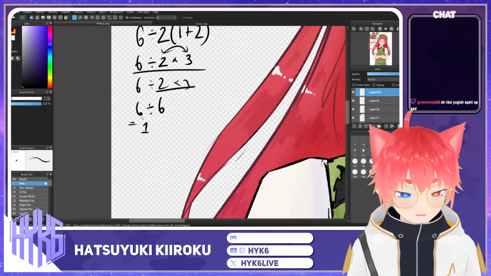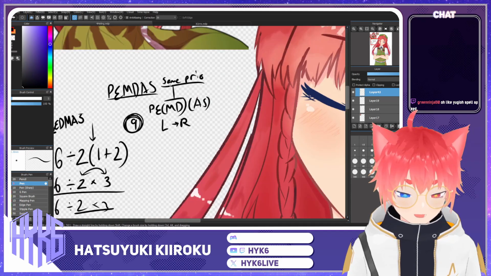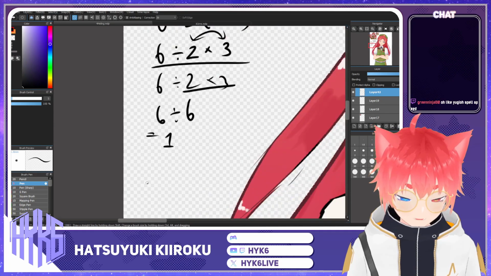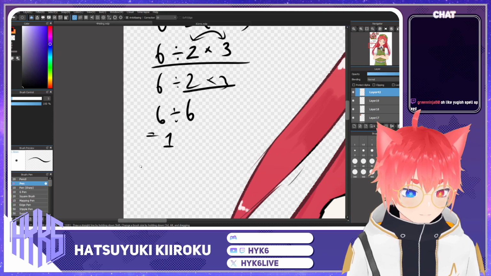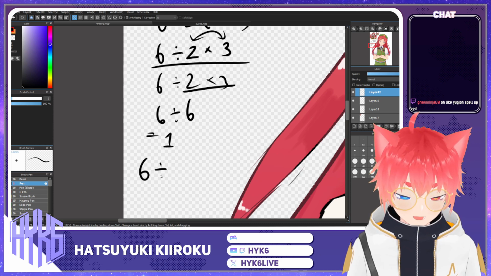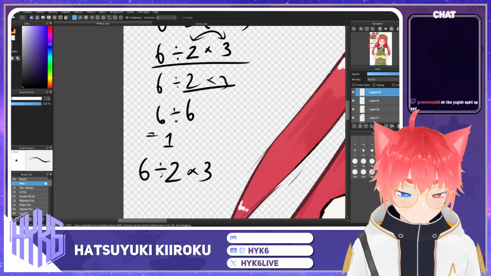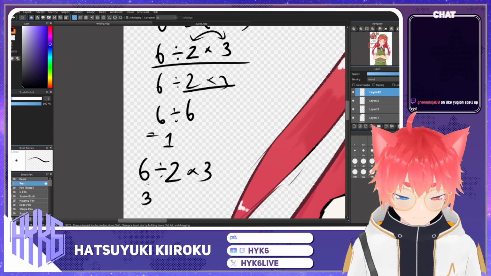The real answer, if you do the same priority thing, you start with 6 divided by 2 first. That goes into 3. Then you times 3 equals 9.